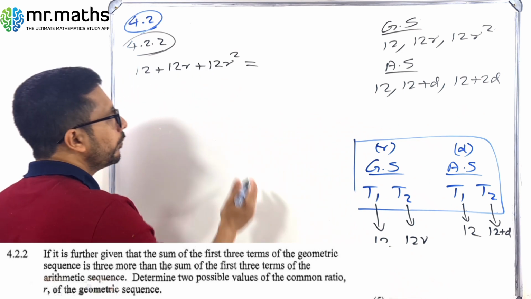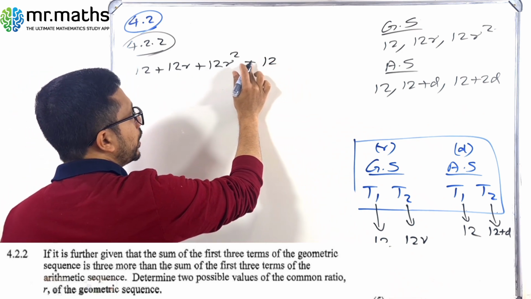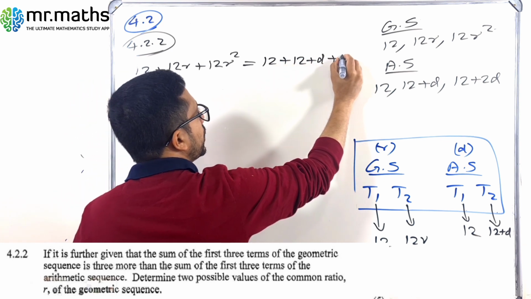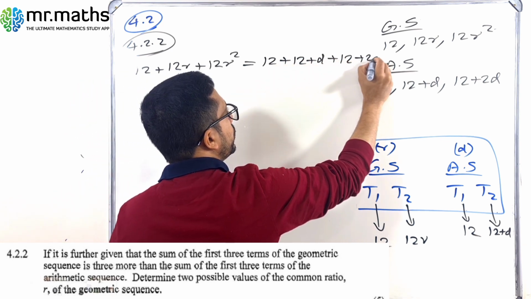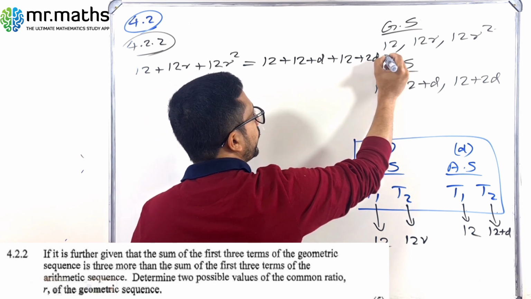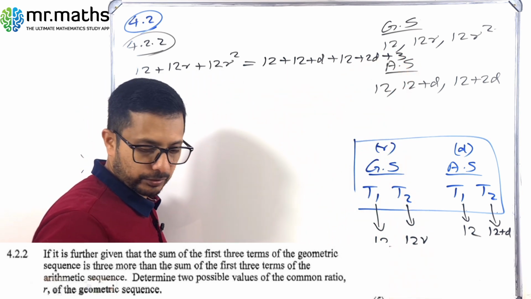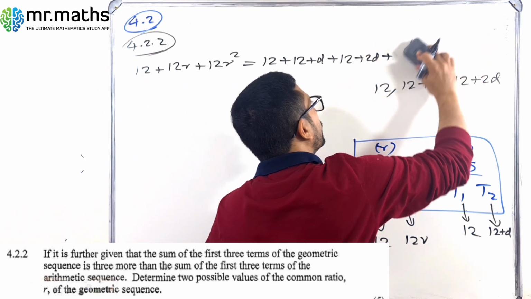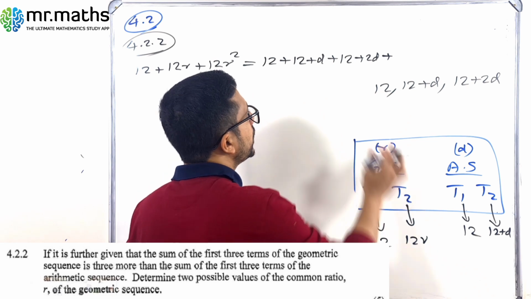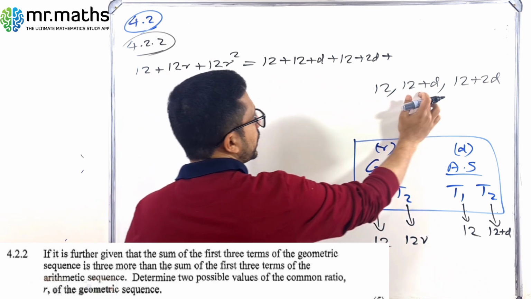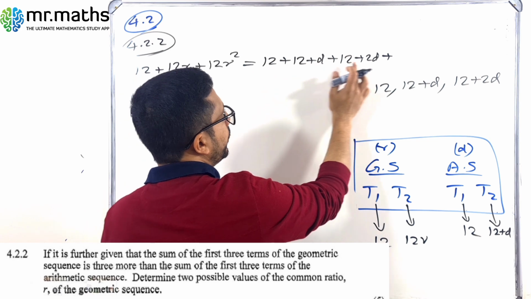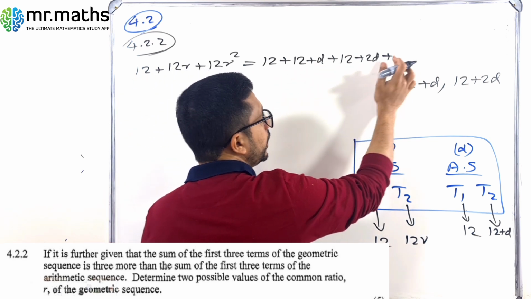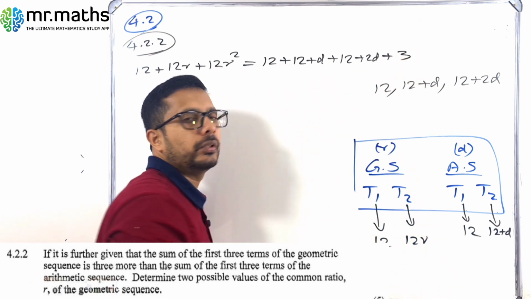3 more than means, what is the sum of the first three terms of the arithmetic sequence? 12 plus D plus 12 plus 2D, then 3 more than, that means plus 3. Don't be confused there. Wait one second guys. This is the sum of the first three terms of the arithmetic sequence: 12 plus 12 plus D plus 12 plus 2D, 3 more than, that means plus 3.